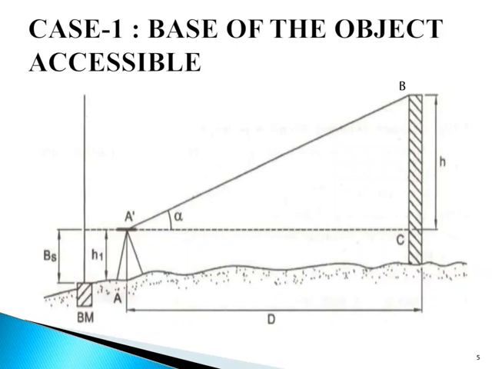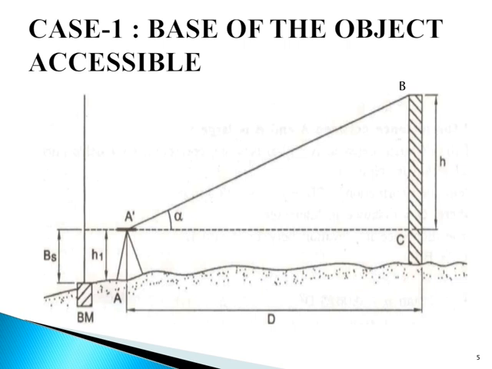Let us assume that the base A of the chimney is accessible, and the horizontal distance capital D between the instrument station A and C can be measured using a tape.